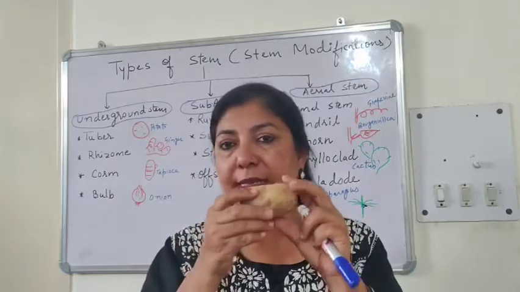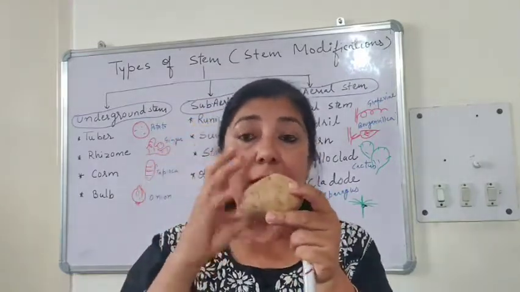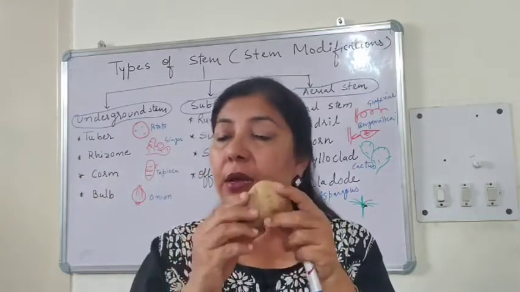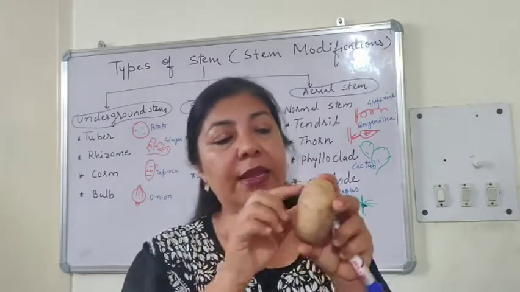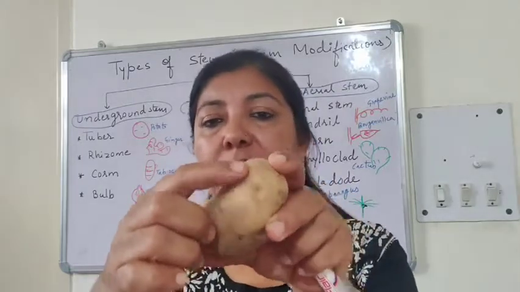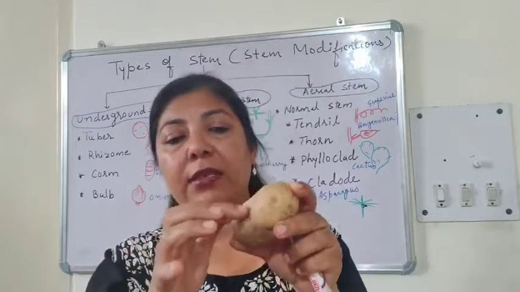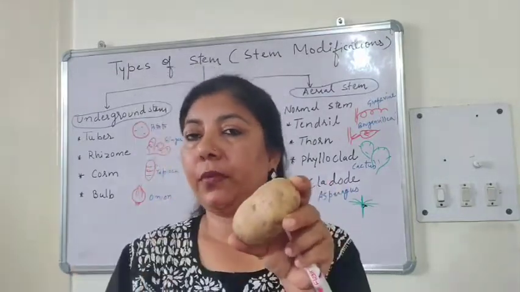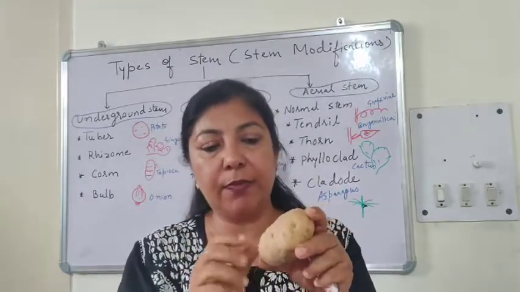Why is this considered a stem? Because this potato, though it appears to be a root just like a sweet potato, shows all the properties of stem. It has got nodes and internodes. There are small scars which are called nodes or eyes. They are nodes, and the space between two scars is called internode. So it has nodes and internodes, which is the characteristic of stem.